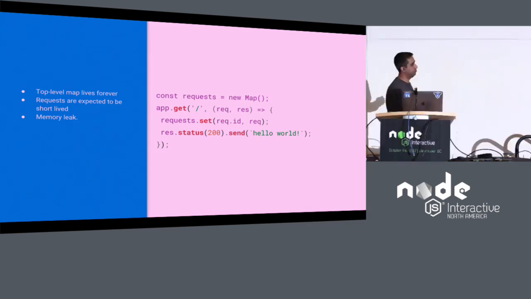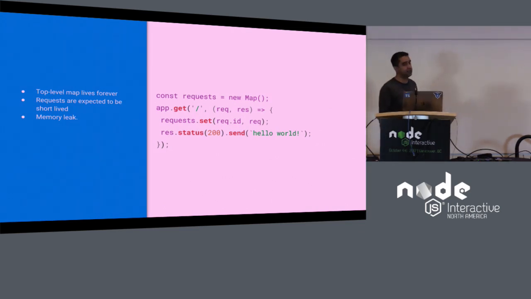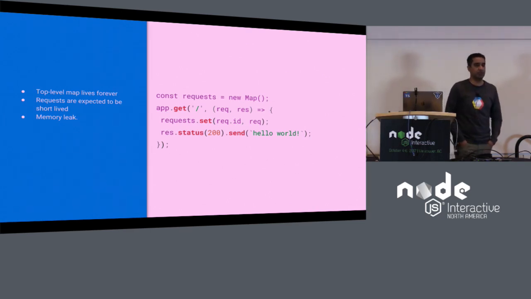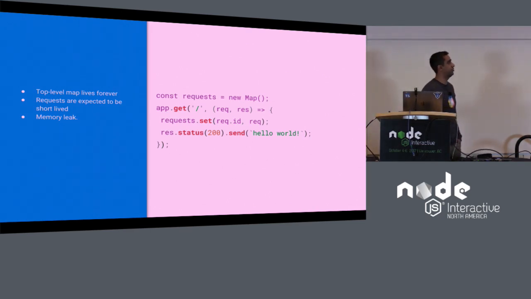Okay, so one more example. This is a bit contrived, but I wanted to actually show you a memory leak. This is most definitely a memory leak, because I have a module global map. So there's an object on the outside, and every time a single request comes into my server, I throw more stuff into that object. The outermost object is going to live forever, so now you're actually leaking all the requests that come in.